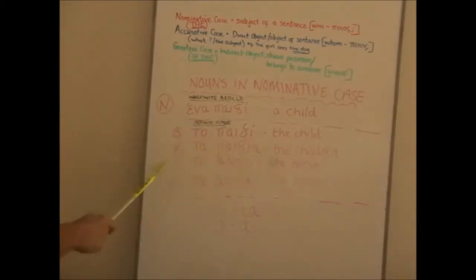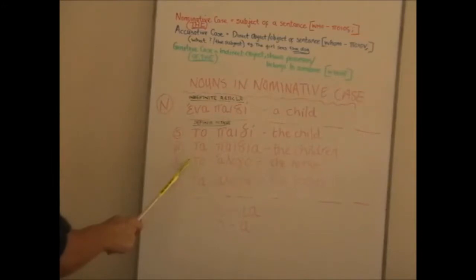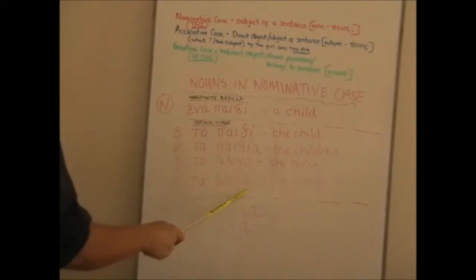Another example of singular in neuter for nominative, we can say το άλογο, the horse. Remember, to changes to ta for plural, and if a neuter word in nominative finishes o, we change the o to an a.